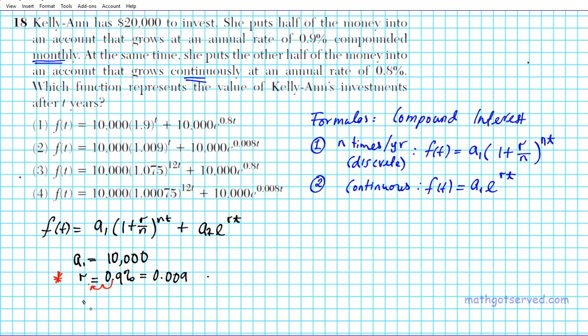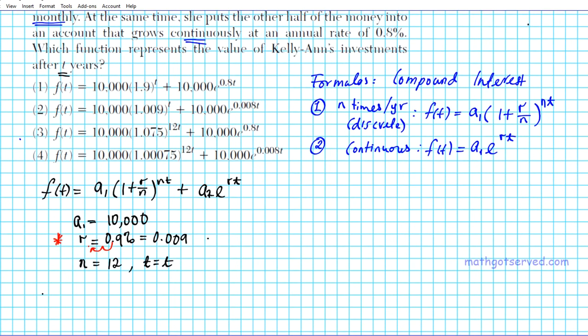0.009. Alrighty? And then n is the number of times per period, which is monthly. How many months are there in a year? There are 12 months in a year. And then our t value is just t, since we're looking for our investments after t years. With this information, we can formulate the first balance, which is a 10,000 investment in the discrete growth model.